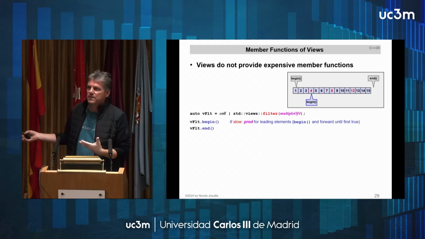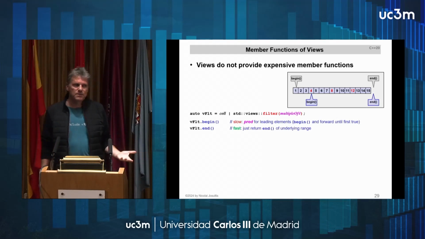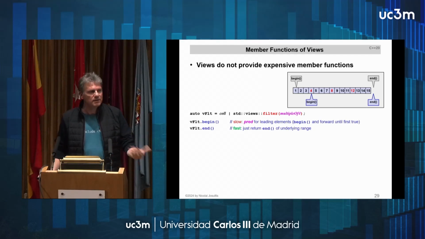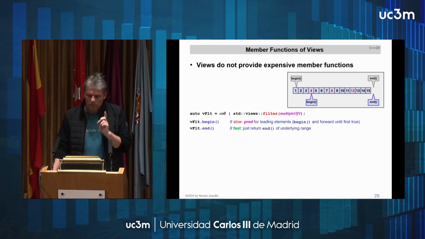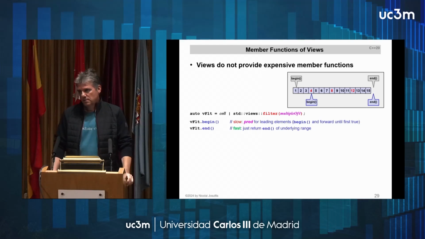We would like to find the end. It's fast because that's very easy and just returns the underlying end. That's it. That's at least how we designed it. So please note, we don't return the position of the 13. So we don't look at the values when we call end.